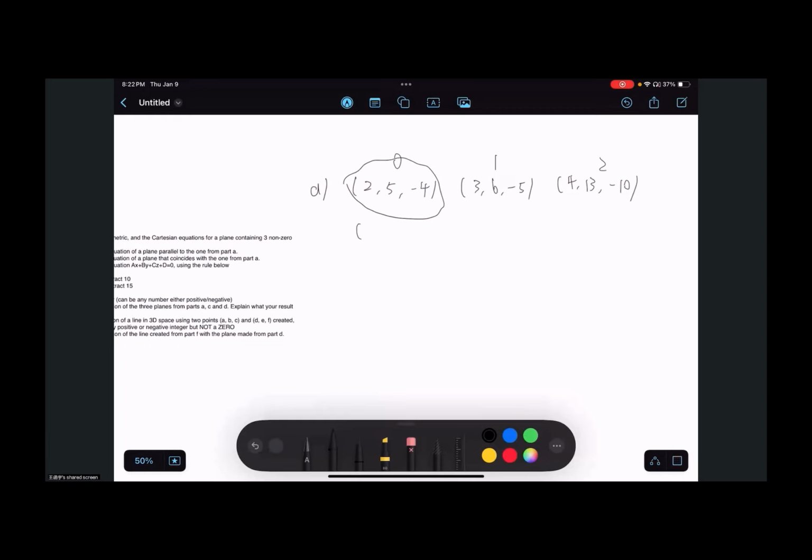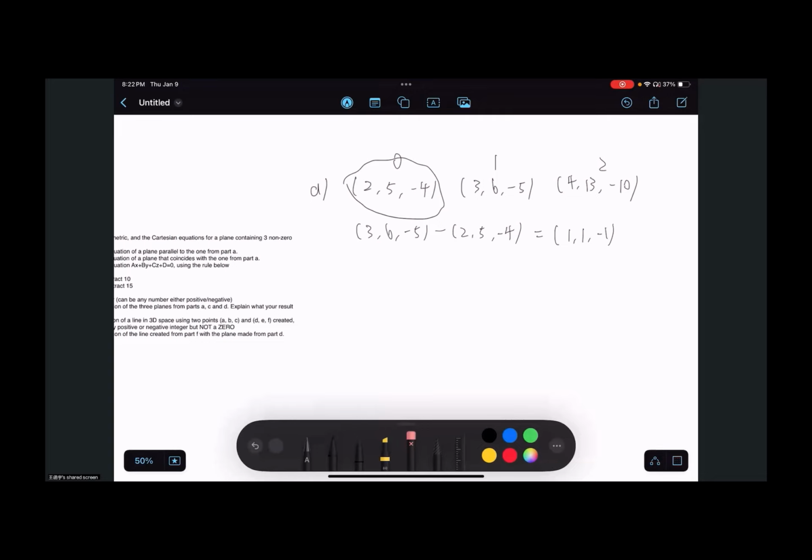So it's 3, 6 minus 2, 5, -4. And then we got 1, 1, -1.